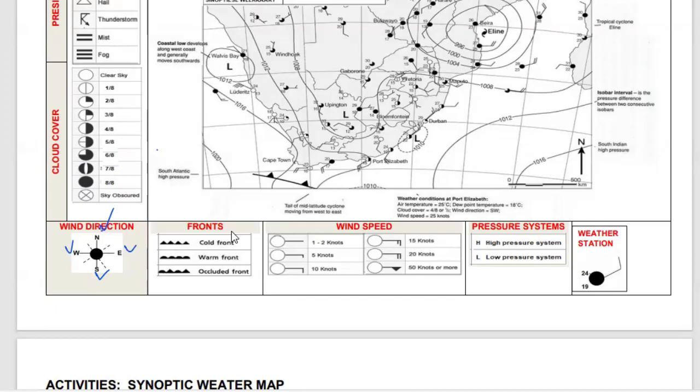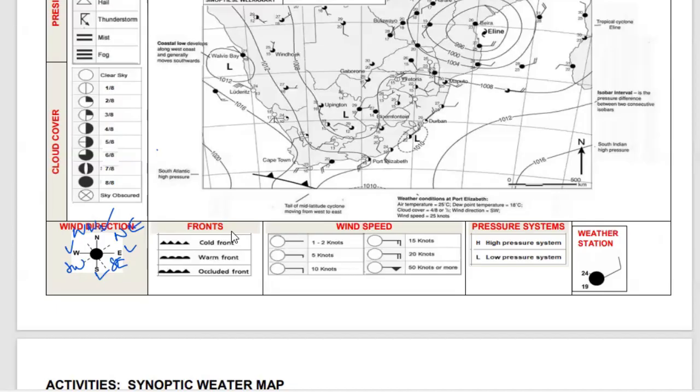Then in between there, we can also add the other 4 minor points of the compass. Like between north and east, we can have our northeast. And then between east and south, we have our southeast. And between west and south, we have our southwest. And between north and west, we have our northwest. So those are our points of the compass that we can use to refer to wind direction.